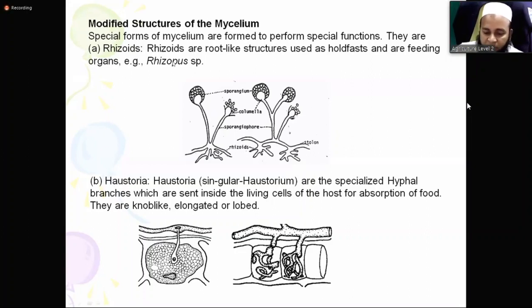For example, Rhizopus. Then haustoria. Fungus grows on the surface of the plant and takes its nutrition by inserting a special structure called haustoria.